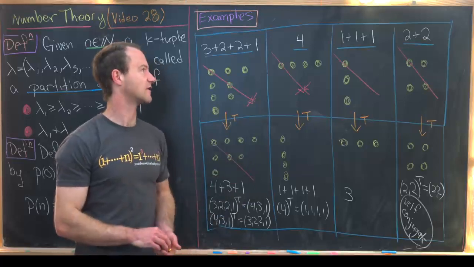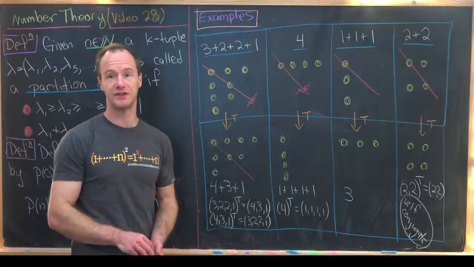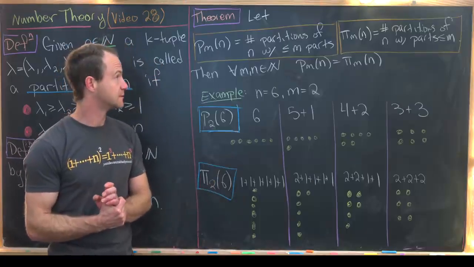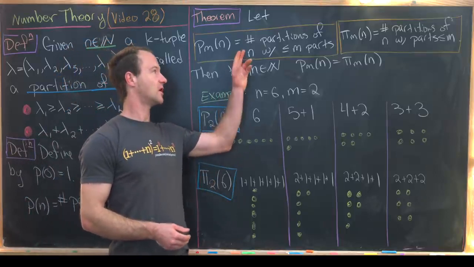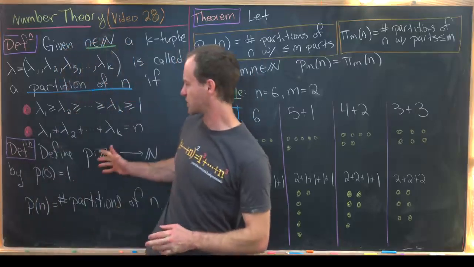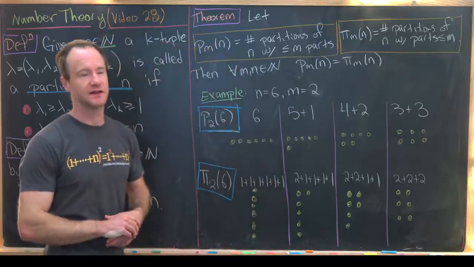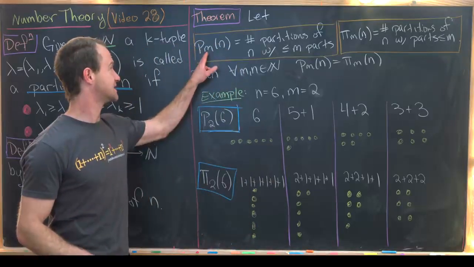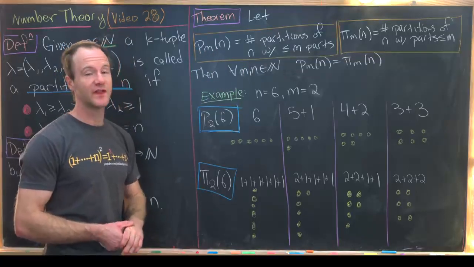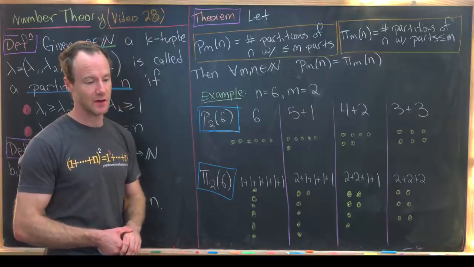Okay, so let's look at our first big theorem involving integer partitions. We want to consider the following classes of restricted partitions and a partition function related to those restrictions. So P sub m of n is equal to the number of partitions of n with less than or equal to m parts.